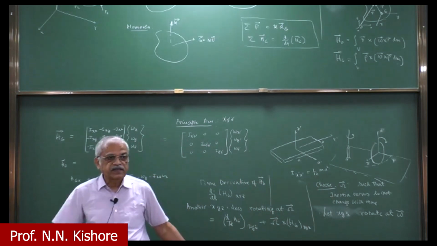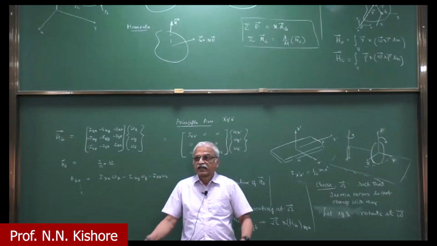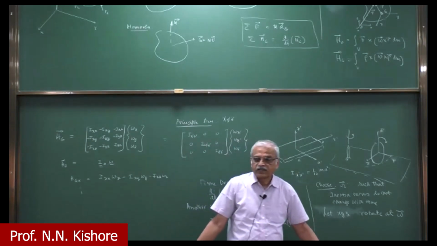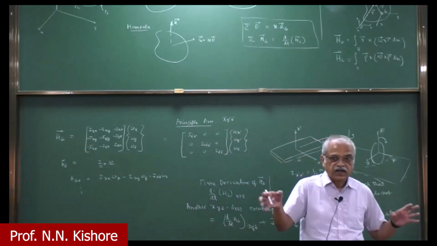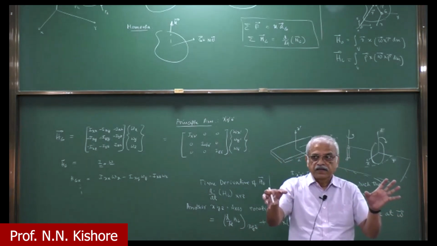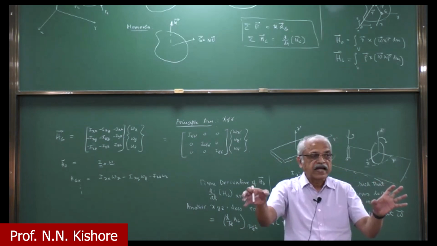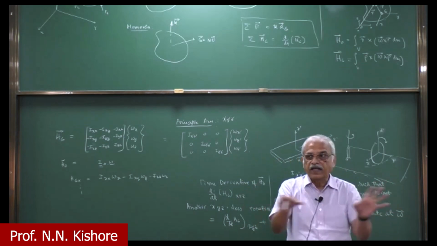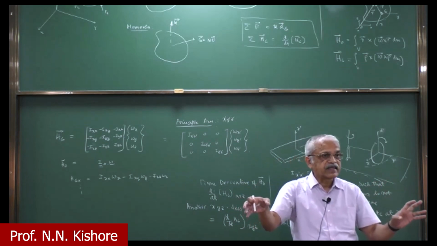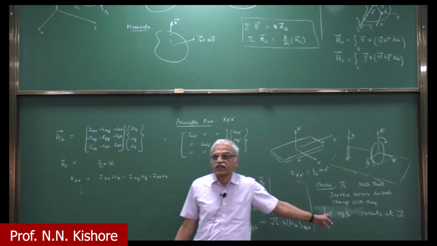So what is the rotation of the body with respect to small xyz? Nothing, right? It's zero. It's something like, in linear velocity, if I have a body moving, and I have another set of axes which is also moving at the same speed as this one, then relative to this set of axes, it has zero velocity, right? So the same thing can be said here also.